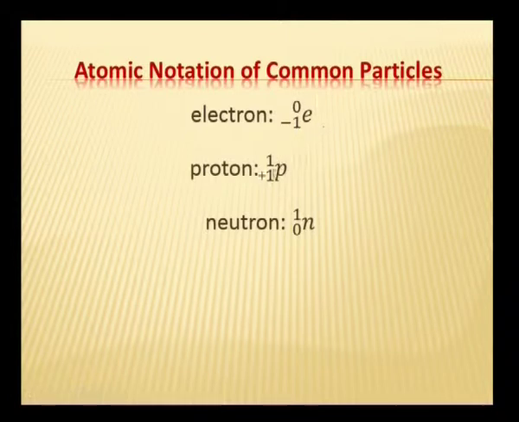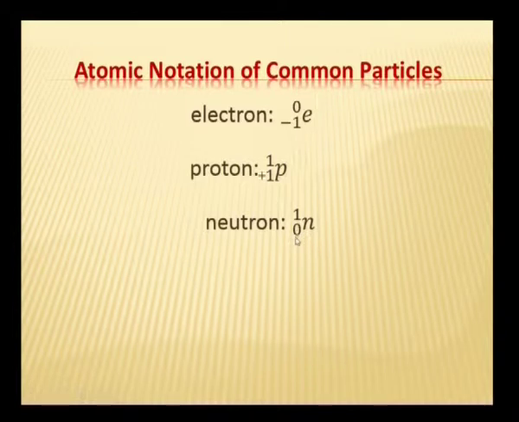Proton has a mass number and a positive charge, electron has a negative charge, and neutron does not carry any charge, but it has a mass. The -1 is the charge of the electron, +1 is the charge of the proton, neutron does not carry any charge, hence you have got 0 here.